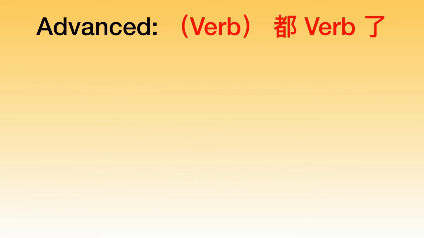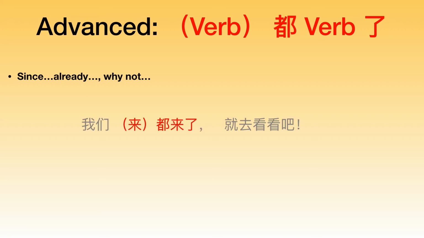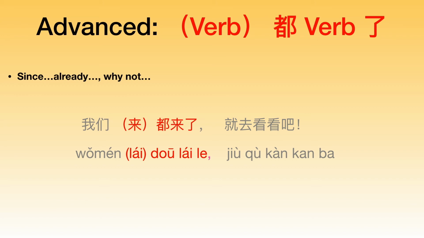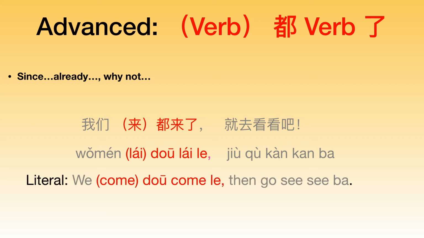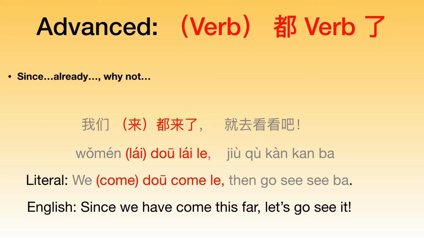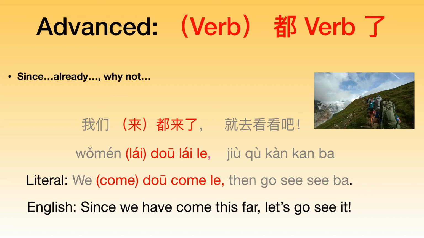So next one, let's see some advanced usage of this 都 verb construction. So it means since you already did something, why not something else? So again, it's very hard to explain, so let's see some examples. 我们来都来了，就去看看吧。Or 我们都来了，就去看看吧。It means since we have come this far, let's go see it.